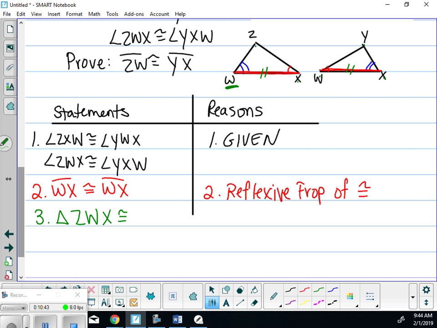Because W is congruent to X. W has two blue lines and X has two blue lines. So Z corresponds with Y. W has the two blue lines. X has the two blue lines. So X has to go next. And X has the one red mark, so W goes last. And we said that that will be true because angle, side, angle.